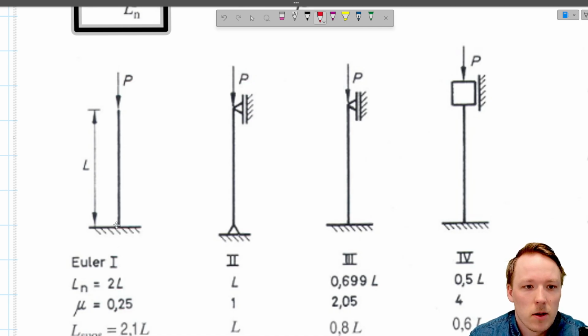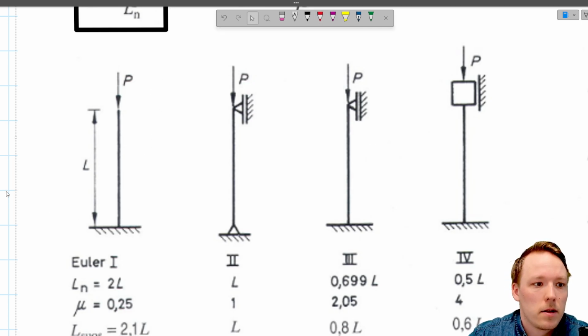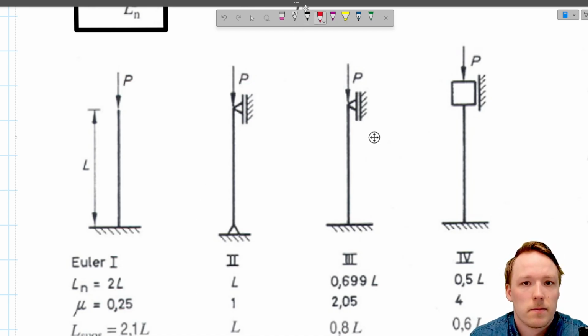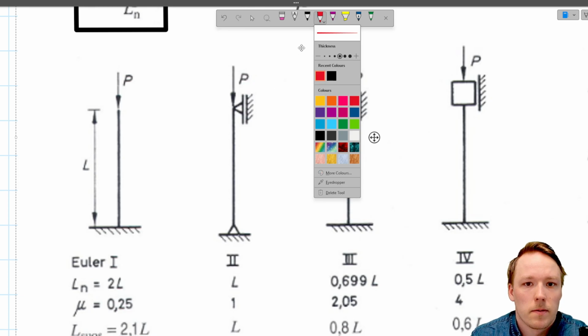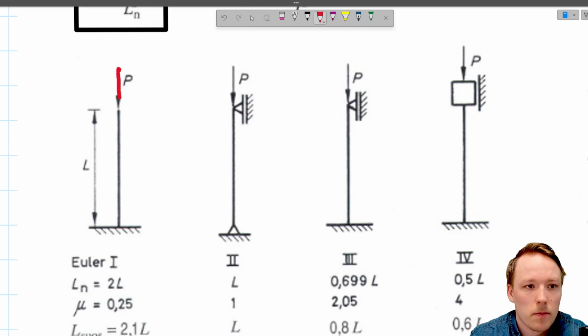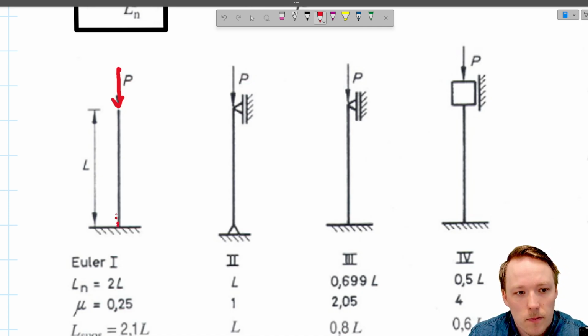So let's take a look at scenario number 1. Here we have Euler's case number 1, and we have a force at the top pressing this beam, and it's rigidly supported from here. When we increase the force, at some point the beam will buckle, and the shape it will go is like this.